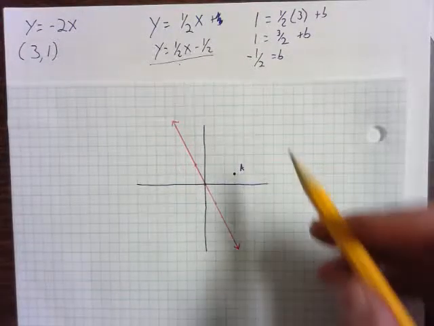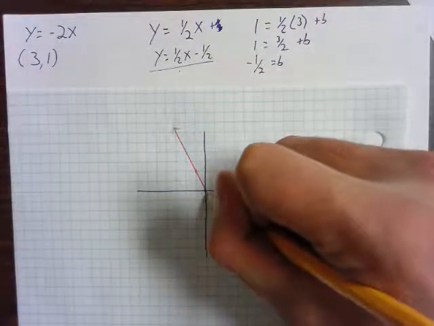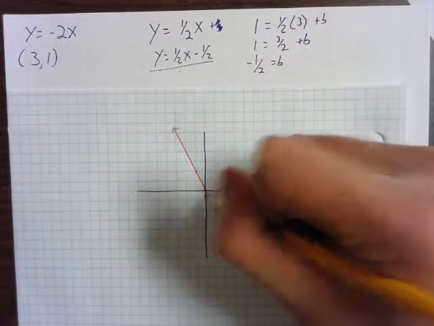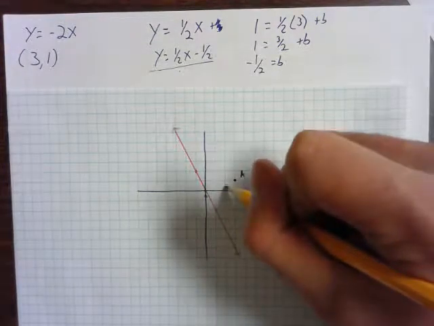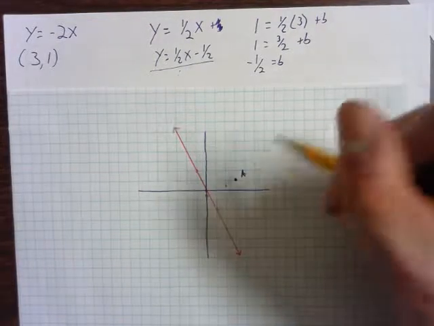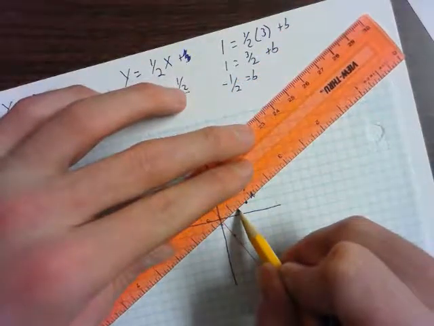Okay, so we can go ahead and graph this line. So I'm going to go down 1/2 as my y-intercept, and then I'm going to go up 1/2. Okay, up 1/2, and I can go ahead and connect the dots here.